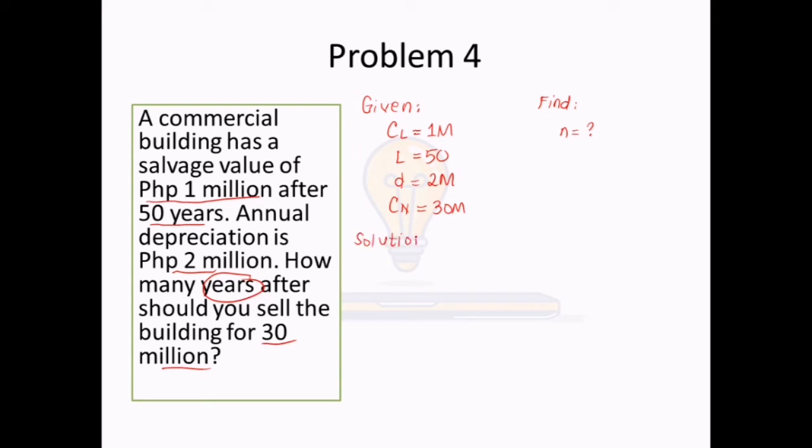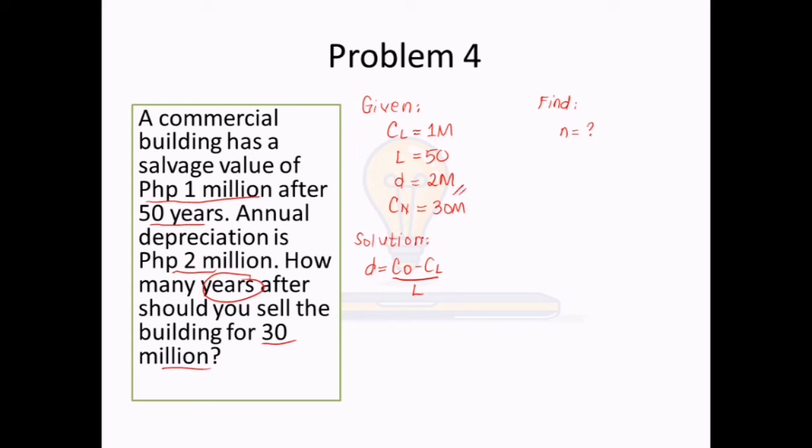First, we can still use the formula for the annual depreciation. That is small letter d is equal to C sub 0 minus C sub L all over L. We will be left with one unknown.